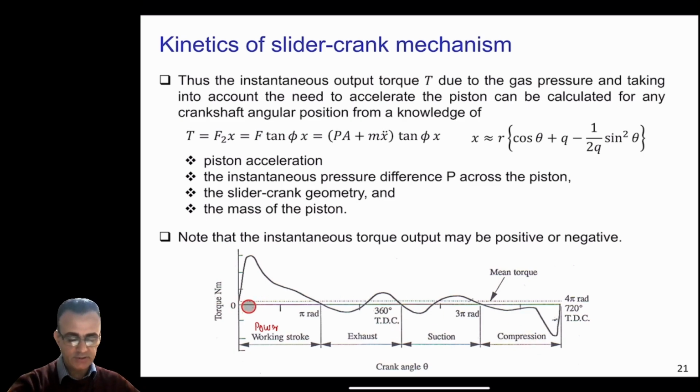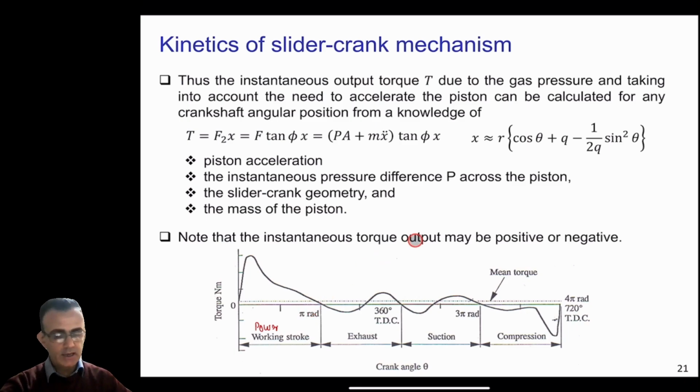And again, you can see that during the power stroke, you have the maximum output torque, and then in the exhaust stroke, the torque goes negative and then positive, and then in the suction stroke, again it's positive and negative, and in the compression stroke it's all negative. So this is how the output torque from an engine will look.